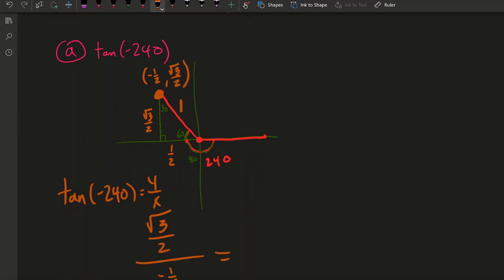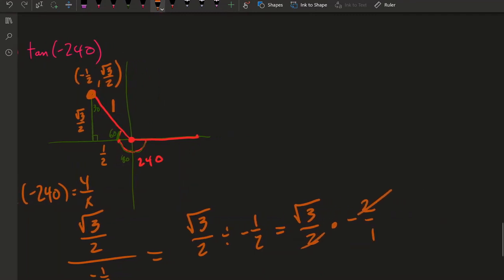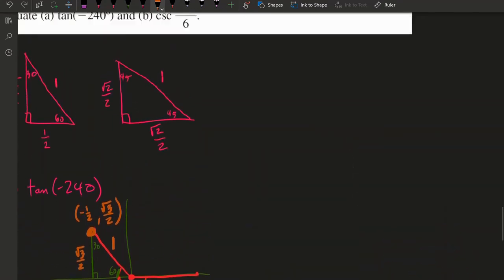And then I can use my fraction knowledge to say, well, that's the same thing as square root of 3 over 2 times -2 over 1. And then I can just cancel these out, and then multiplying, I get negative square root of 3. And that's the answer. Let's do the other one.